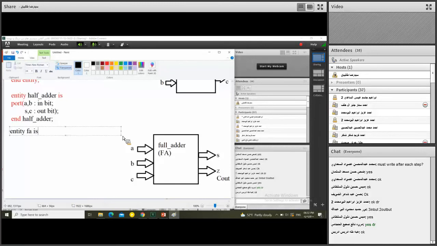A, B, and C are all inputs, and all of them are one bit numbers. Then we can write A, B, and C: in, bit. The other thing is about S and Z. S and Z are all outputs, and all of them are one bit numbers.